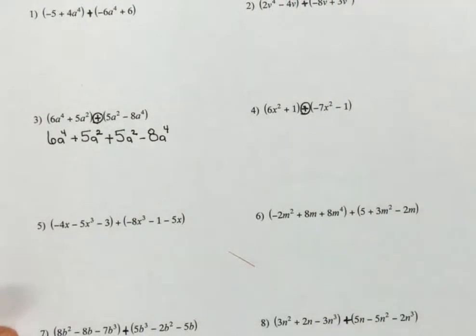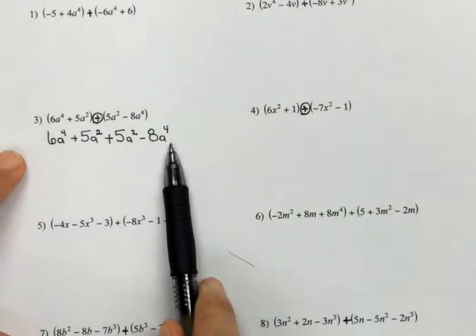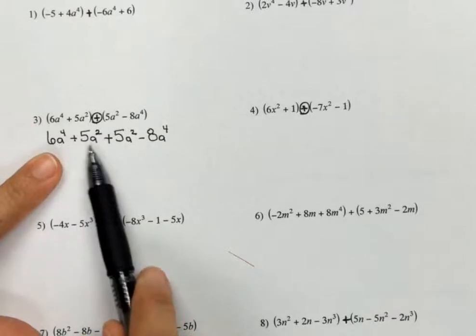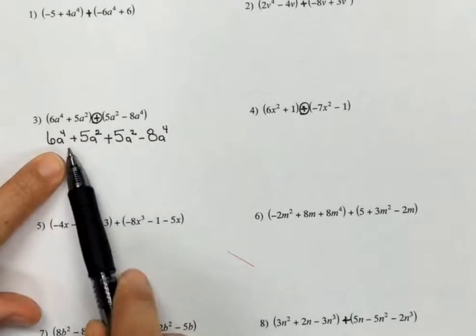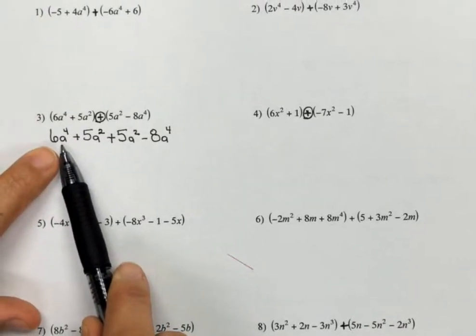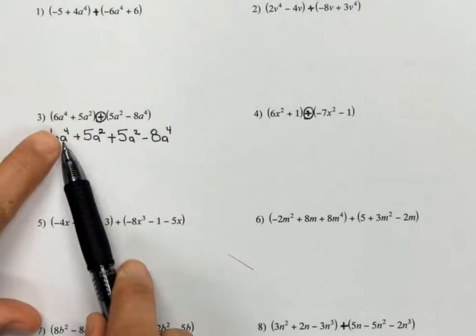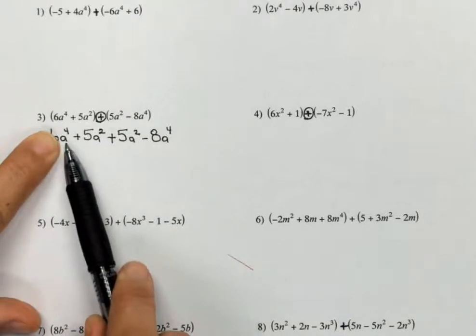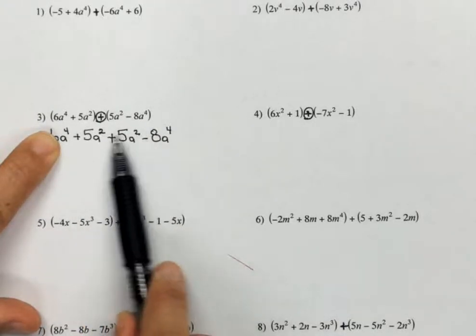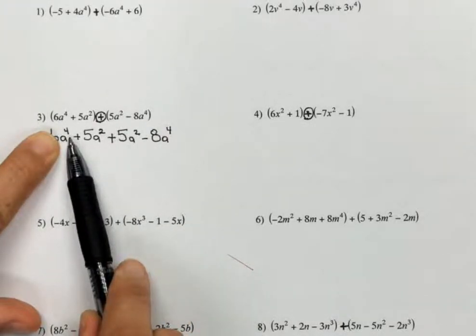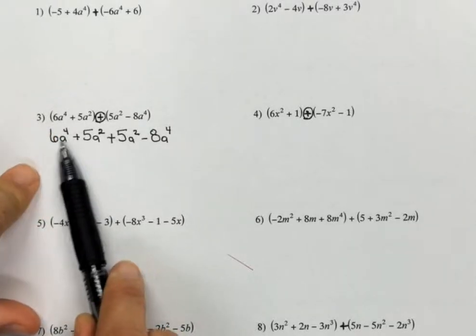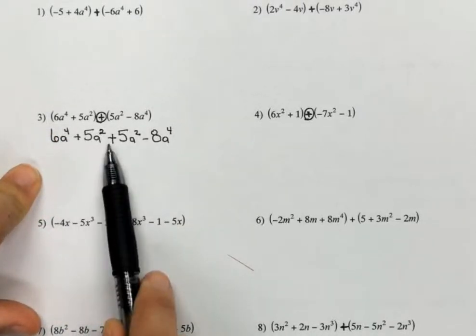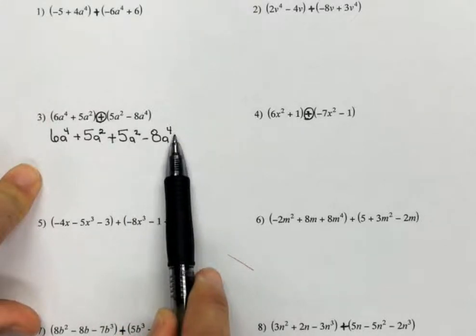The next thing we need to do, now that we've looked at this, is we need to look at what each variable is. So we're looking here. Our variable is a. Now we need to look to the exponents. We need to find the variable with the highest exponent, the largest exponent. If we look here, we have a to the fourth, a to the second, a to the second, a to the fourth.